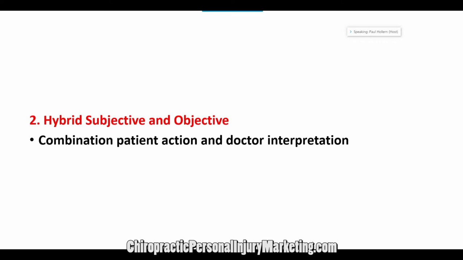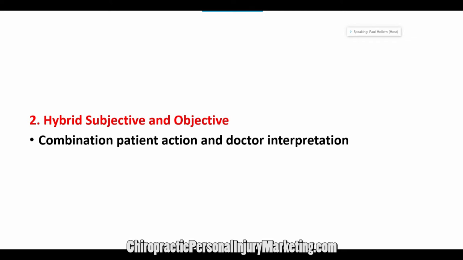So the hybrid subjective and objective is the combination of the patient's action as well as the doctor's interpretation. So it involves 2 people, and the patient's action could vary, and the doctor's interpretation could definitely vary.